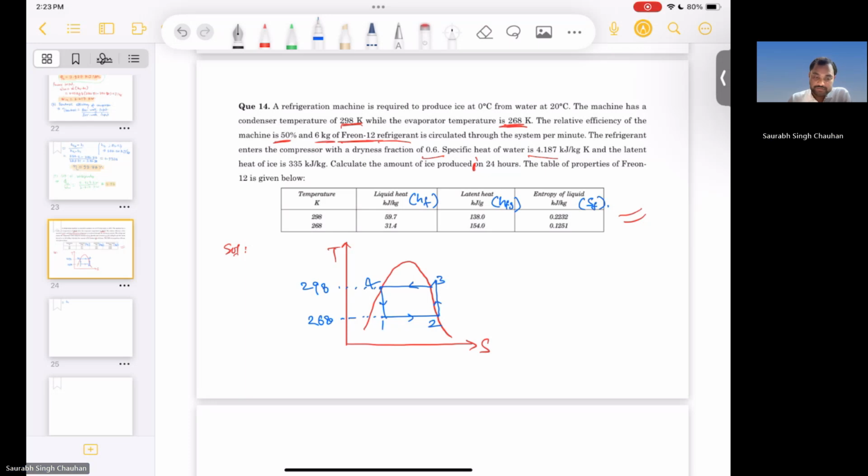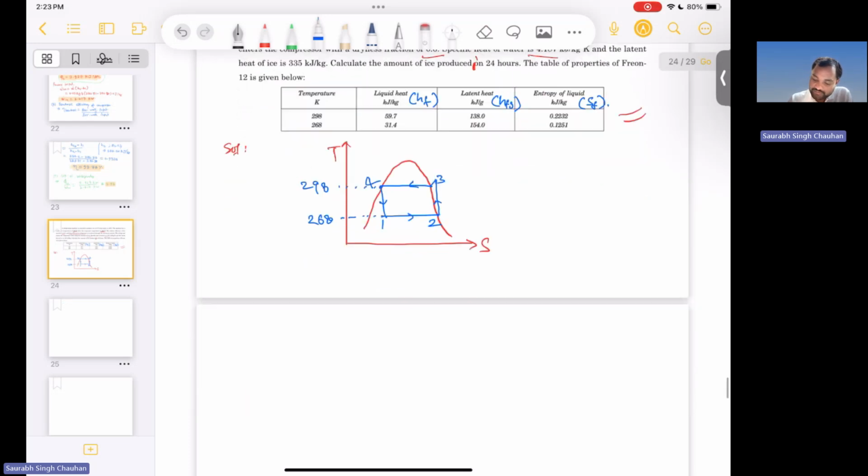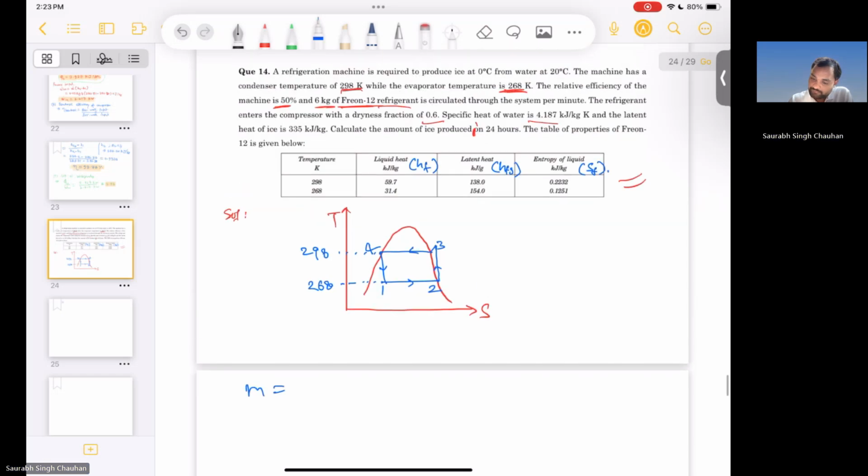Okay. So what is given? We'll just note it down. Mass flow rate of refrigerant is 6 kilogram of Freon, okay, so mass flow rate is given as 6 kg per minute.